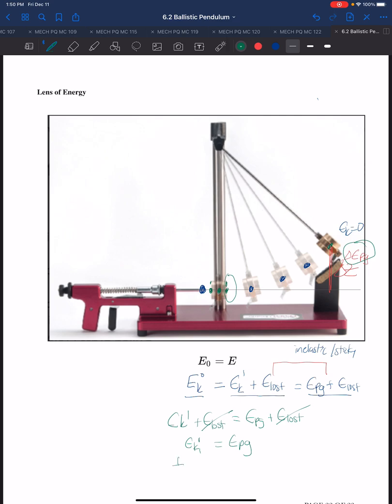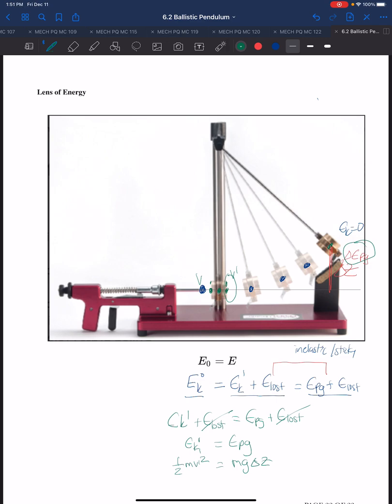Delving deeper, we have 1/2 mv, and we'll call that v prime squared because there was a velocity before and there is a velocity afterward, which we know is different, and in fact it's less. And afterward we have mg delta z.